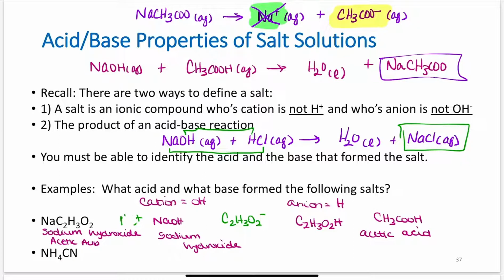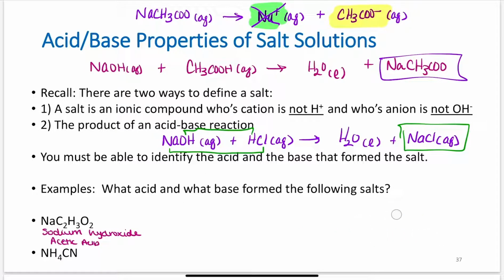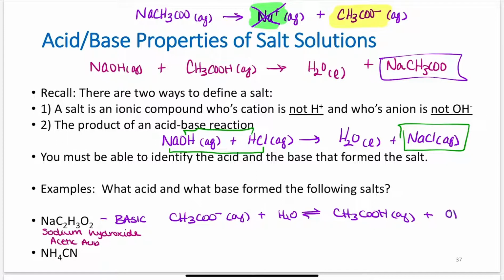So again, if I have sodium acetate in solution that came from sodium hydroxide and acetic acid, this will be a basic solution because I'm going to have CH3COO minus in water, and it's going to form acetic acid and hydroxide.